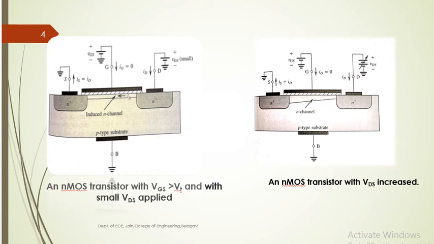So around this drain region, a much stronger barrier or depletion layer is created. So till now, for smaller values of VDS, till VGS minus VT, the current was increasing. So the device was behaving like a linear or triode region or ohmic region.